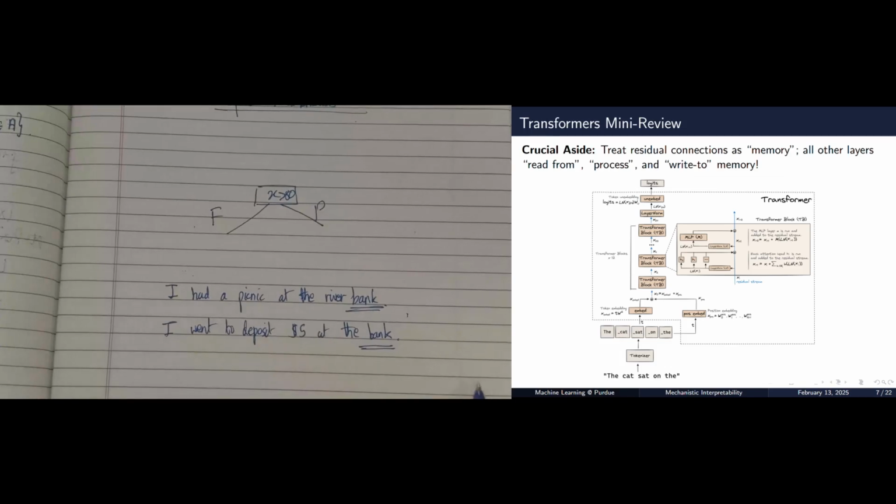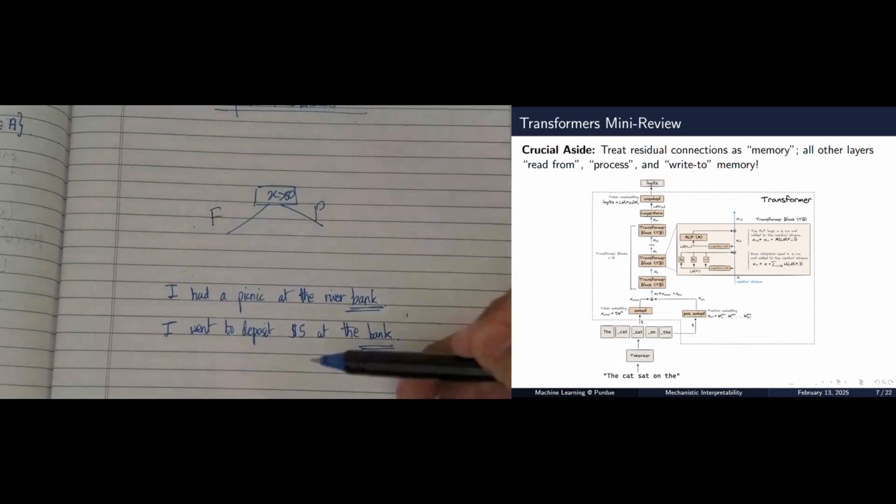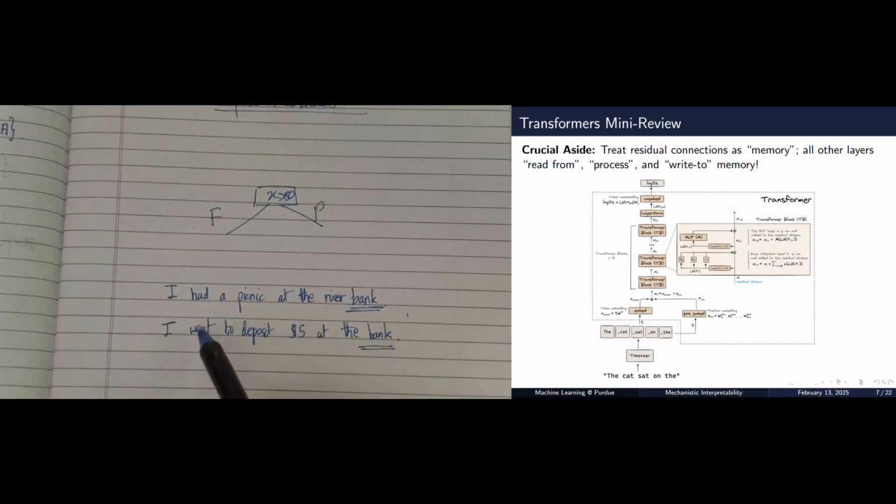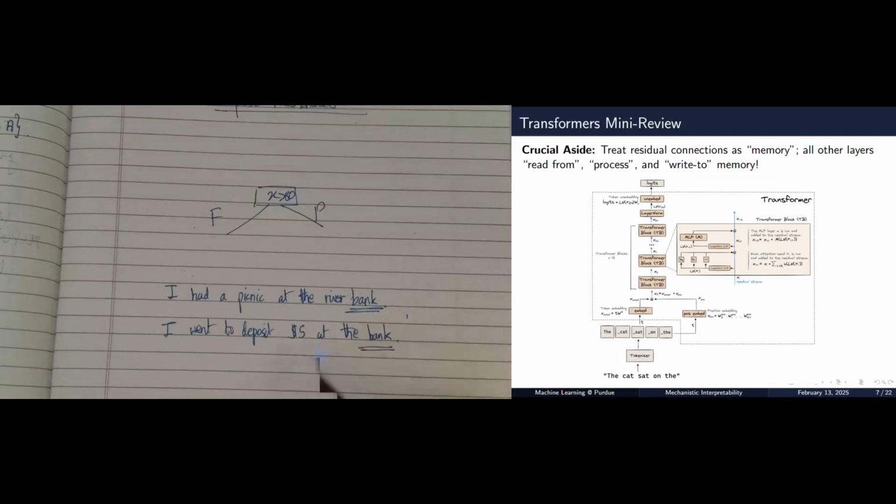In the standard process, you start by converting these tokens into their embeddings, their standard word embeddings, and each of these words has a particular meaning, and this meaning is represented as a numeric vector, and we modify or update this representation to give it context from the entire rest of the sentence. So, I had a picnic at the river bank refers to the side of a river, and I went to deposit $5 at the bank refers to the financial institution, and that distinction is what the self-attention mechanism basically allows us to achieve.